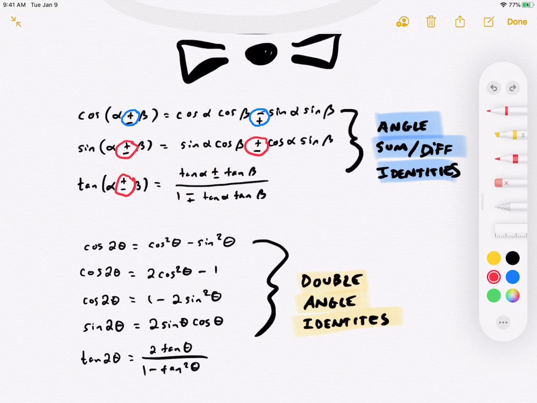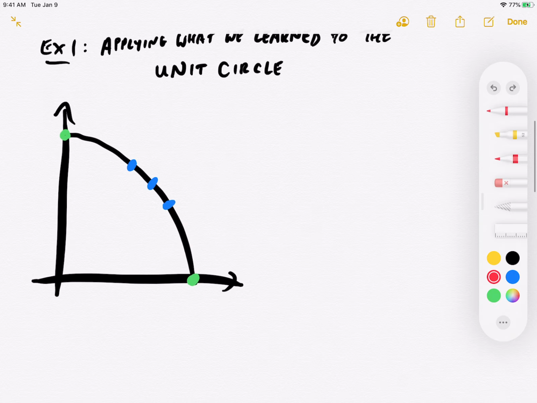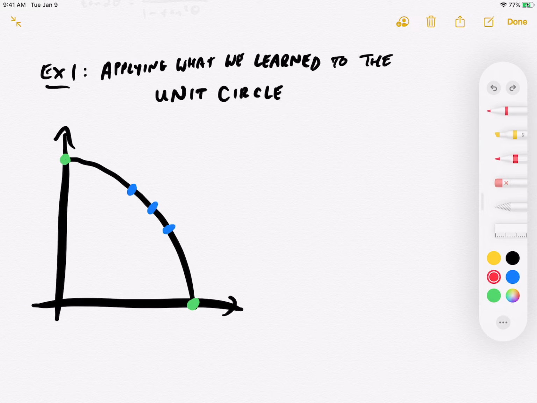Okay, so let's put these to work. In our first example, we're going to apply what we learned with these new identities to the unit circle. And the unit circle was the first thing we learned in trig, so we're going way back here. You'll recall deriving different ordered pairs on the unit circle, like (1, 0) for an angle of 0 degrees, and of course up here (0, 1) for an angle of 90 degrees.